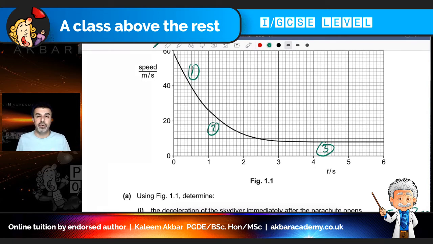And then at number 3, the horizontal line, the skydiver is moving at terminal velocity. Why is the skydiver moving at terminal velocity? Because now air resistance equals weight. The air resistance is decreased enough to now cancel out or balance with the weight. The resultant force is 0. So now the skydiver is going at a constant speed or terminal velocity.